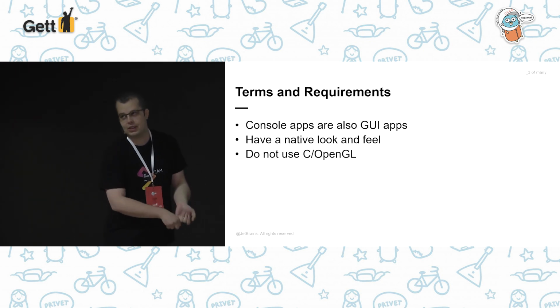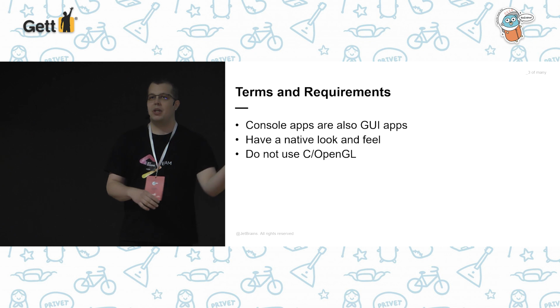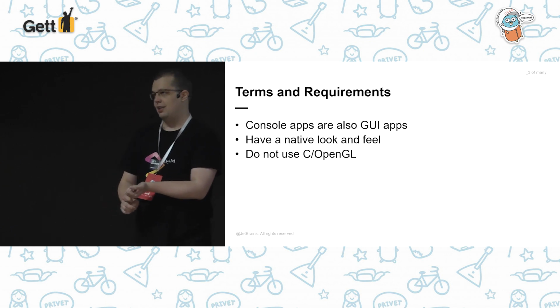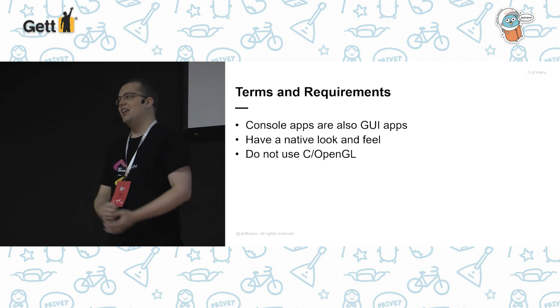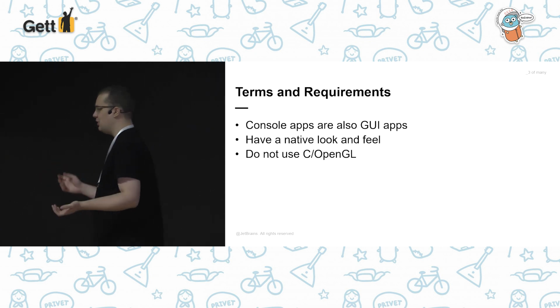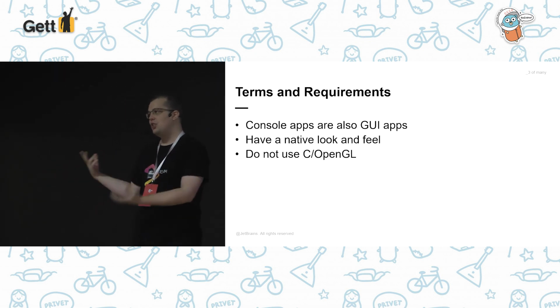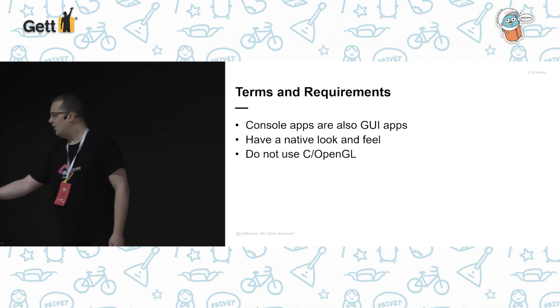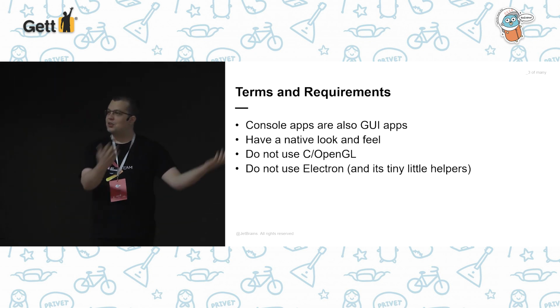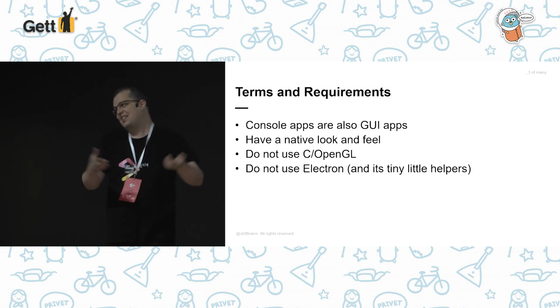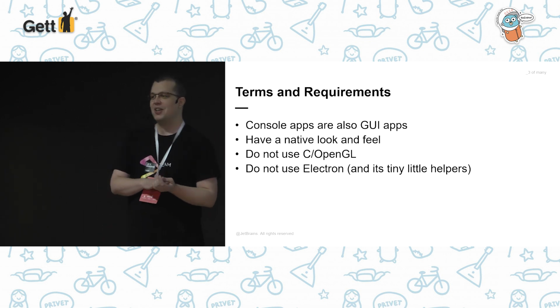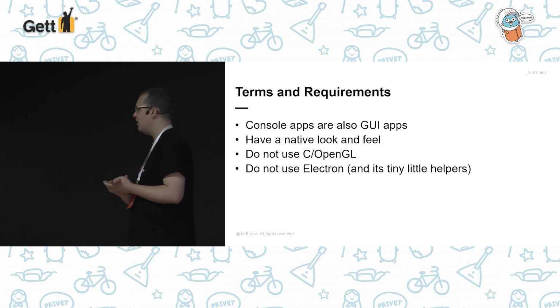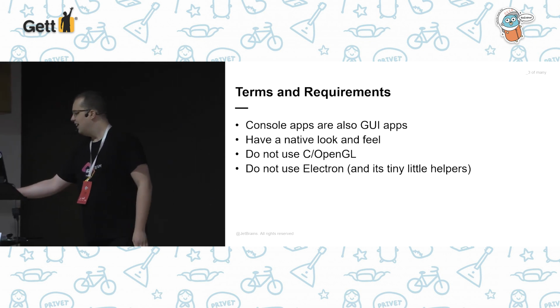I don't want to use C or OpenGL, mainly because I don't know C, and I don't want to start learning C. For me, C is out of the question. And I don't want to use OpenGL as well, because it implies using C, right? I don't want to use Electron either, because everybody knows how Electron works, and it's not really resource-friendly, I would say.